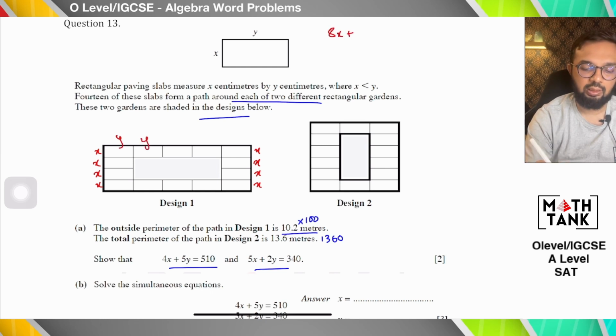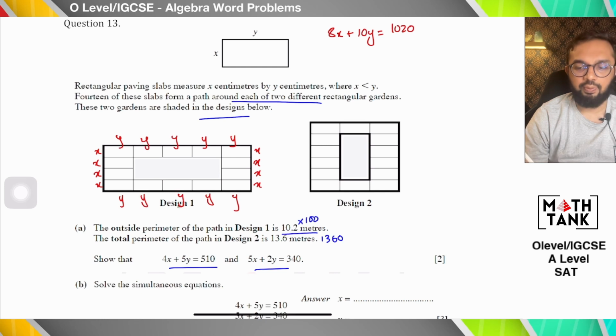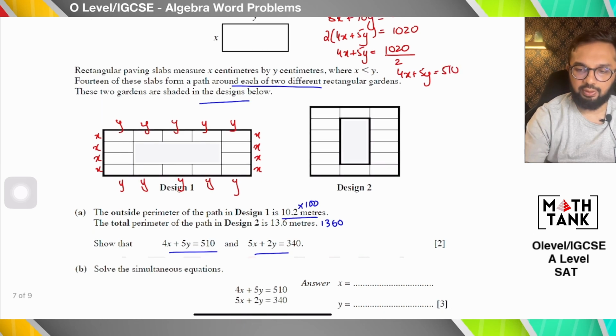How many y's? 3, 4, 5, 6, 7, 8, 9, 10, equals 1020. So that is going to be the first equation if I factor out a 2 and move it to the other side. So 4x plus 5y equals 510. That's the first equation shown.